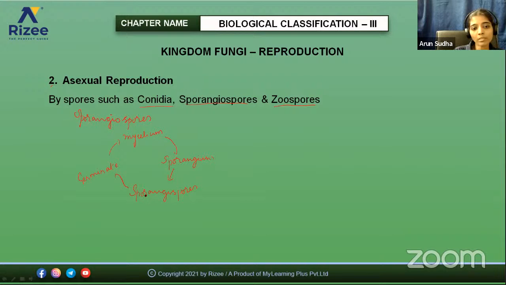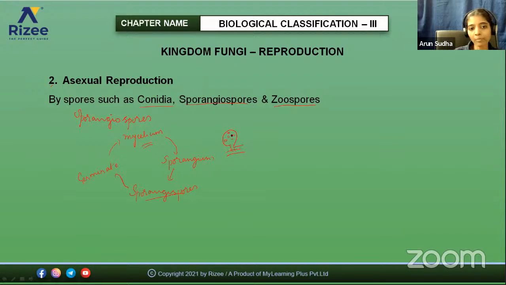So what is this sporangiospore? This is the mycelial structure, and for example, this is the sporangium which contains sporangiospores.